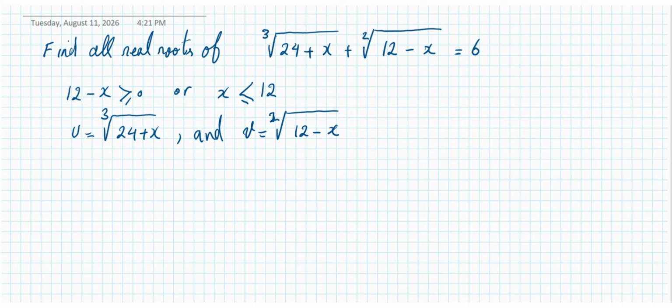And we substitute these new variables back into our equation. So our equation is u plus v equal to 6, or v is equal to 6 minus u.